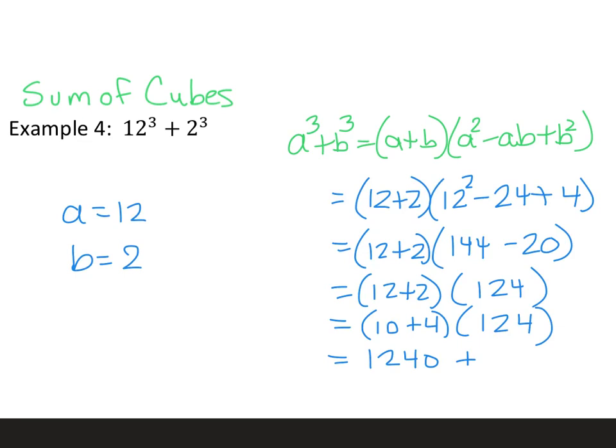And 4 times 100 is 400. So this will be 496. So this entire sum here is going to be 1,736. These are just little things that you can do to simplify numbers, especially in your head, not have to pick up the calculator.